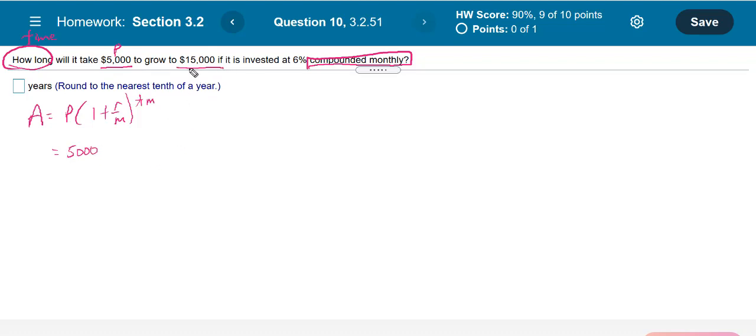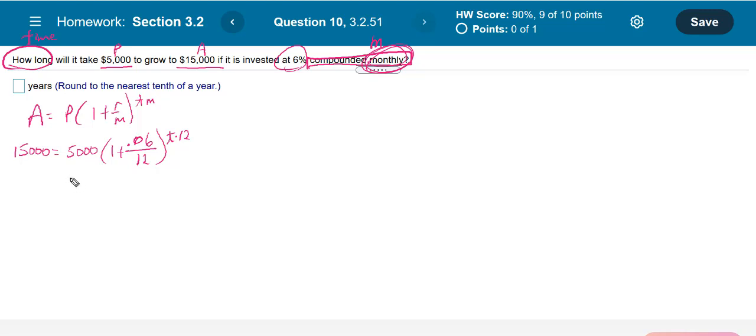A is 15,000. R is 0.06. And M is 12. So we're trying to solve for the T.